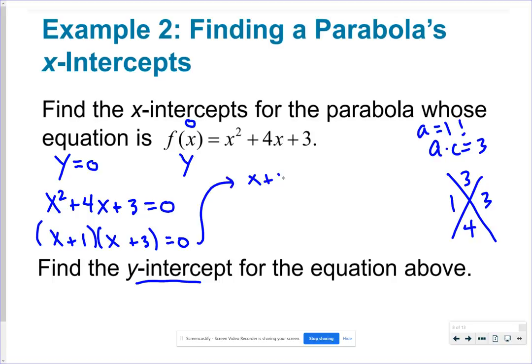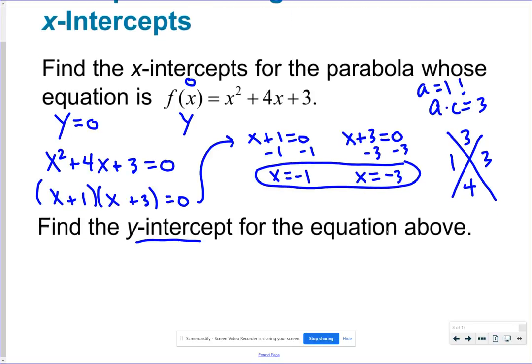If x plus 1 equals 0, we'll have a product of 0. If x plus 3 equals 0, we'll have a product of 0. So our only two solutions are going to be x equals -1 and x equals -3. So our x-intercepts are going to be -1 and -3.